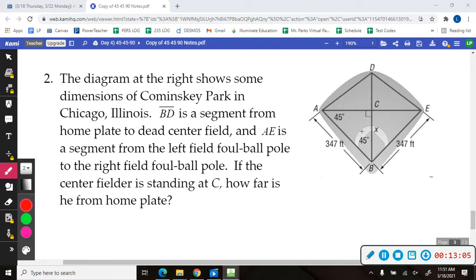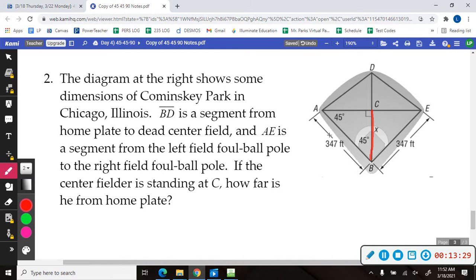And if the center fielder is standing at point C, we have a center fielder right here, and that makes 90 degrees. How far is he from home plate? In other words, how far is he from here to here, which they labeled as X. So they want us to find that.